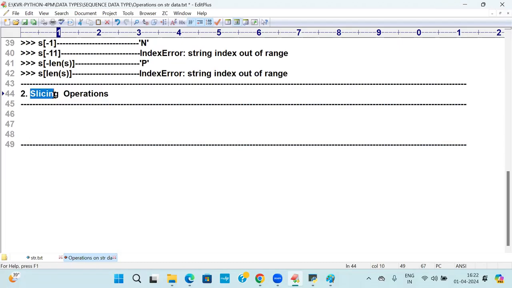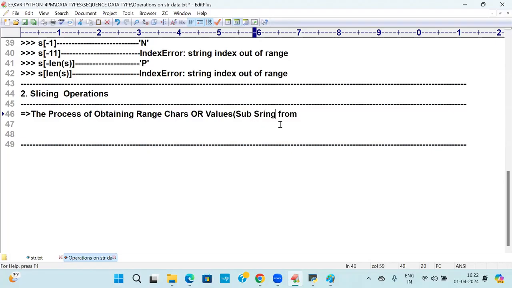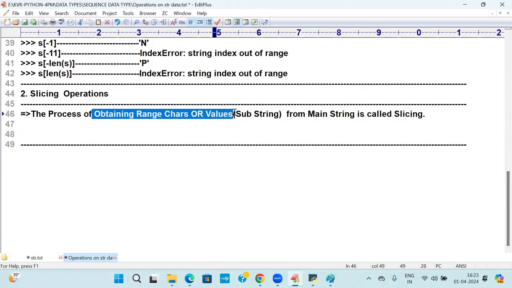Here I'm writing: the process of obtaining a range of characters or range of values, called a substring, from the main string is called slicing. The process of obtaining a range of chars or range of values from the main string is called slicing. Are you able to follow?